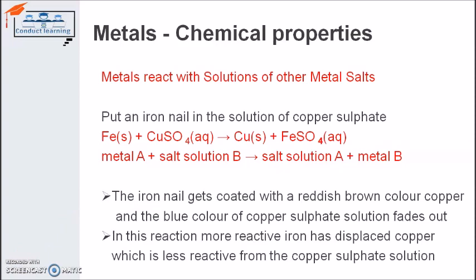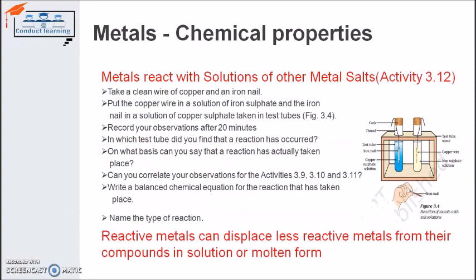activity. In this activity, we took one test tube and another test tube. In the first test tube we took an iron nail and copper sulfate solution, and in the second test tube we took a copper wire and an iron sulfate solution. And we see after 20 minutes the reaction only takes place in the first test tube, in which the iron nail and copper sulfate solution are there.